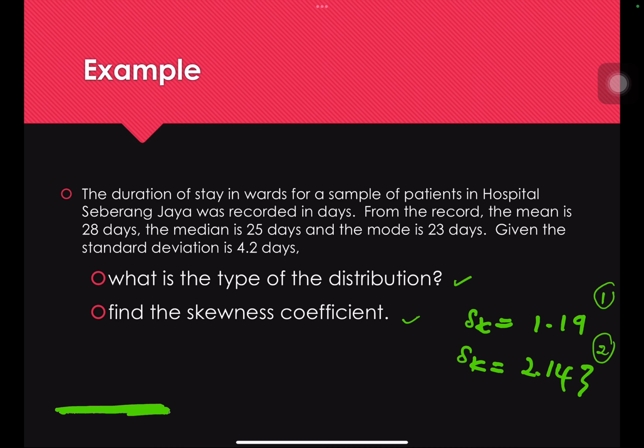Do you get 1.19 and 2.143? Yes? Got your answer?